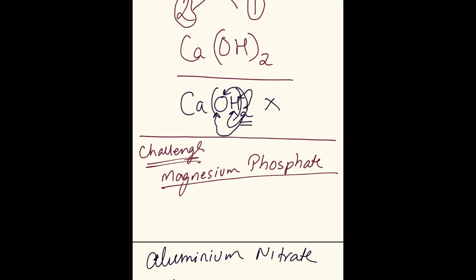Pause the video and then I will show you the answer. Okay, so magnesium is Mg, phosphate is PO4. Magnesium valency is 2, phosphate is 3. You switch the valencies, you will get Mg3(PO4)2, magnesium phosphate.